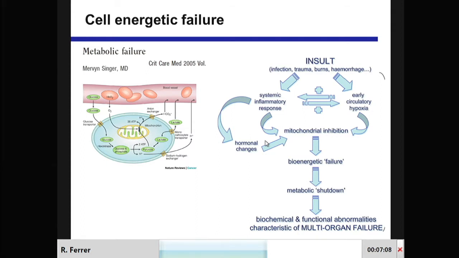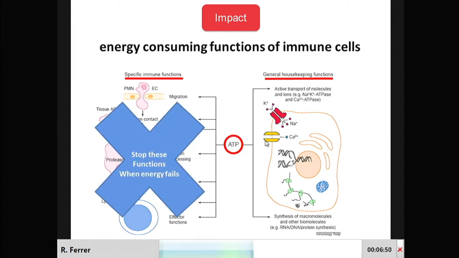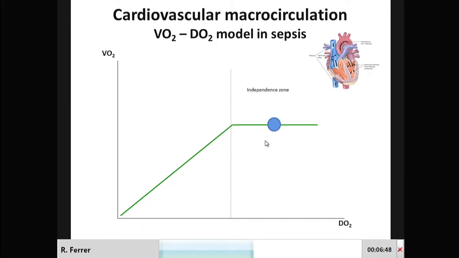This is important for every organ, but it's especially important for immune cells. Immune cells need energy for each immune function, including phagocytosis, etc. So these immune cells are less able to do their function.